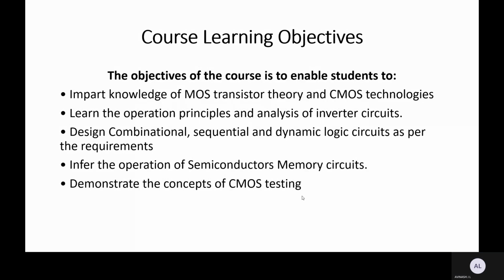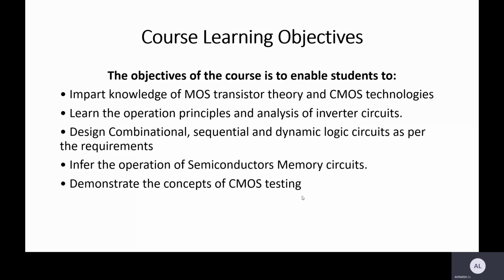The objectives of this course are to enable the students to impart the knowledge of MOS transistor theory and CMOS technologies, learn the operation principles and analysis of inverter circuits, design combinational, sequential and dynamic logic circuits as per the requirements, infer the operation of semiconductor memory circuits, and the last objective, demonstrate the concepts of CMOS testing.